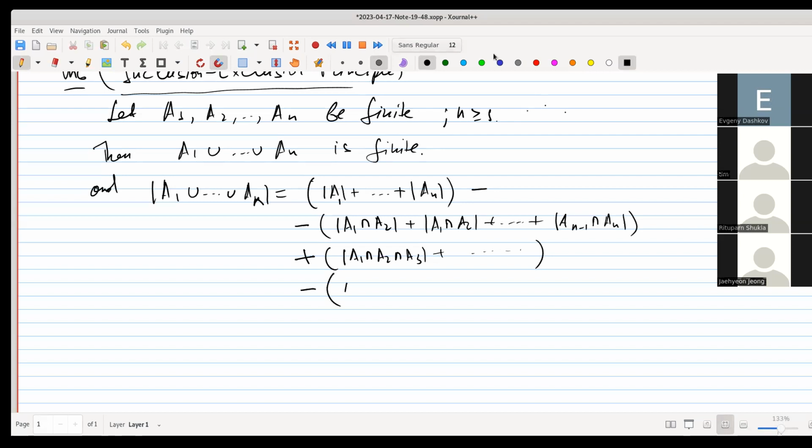Then we subtract all intersection sizes for all possible tuples of length 4, and so on. And what will be the very last term here?